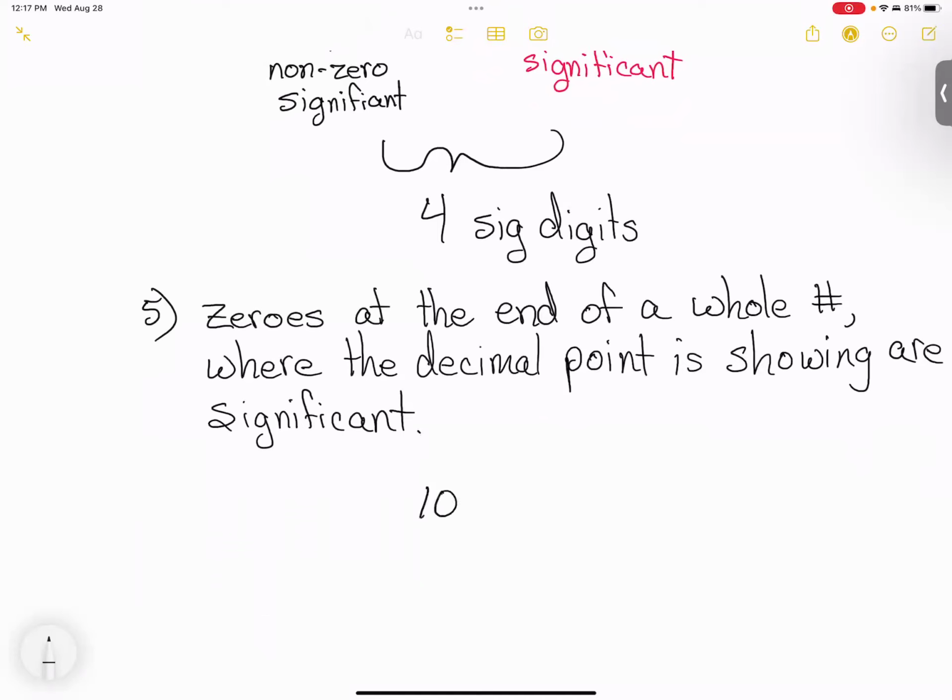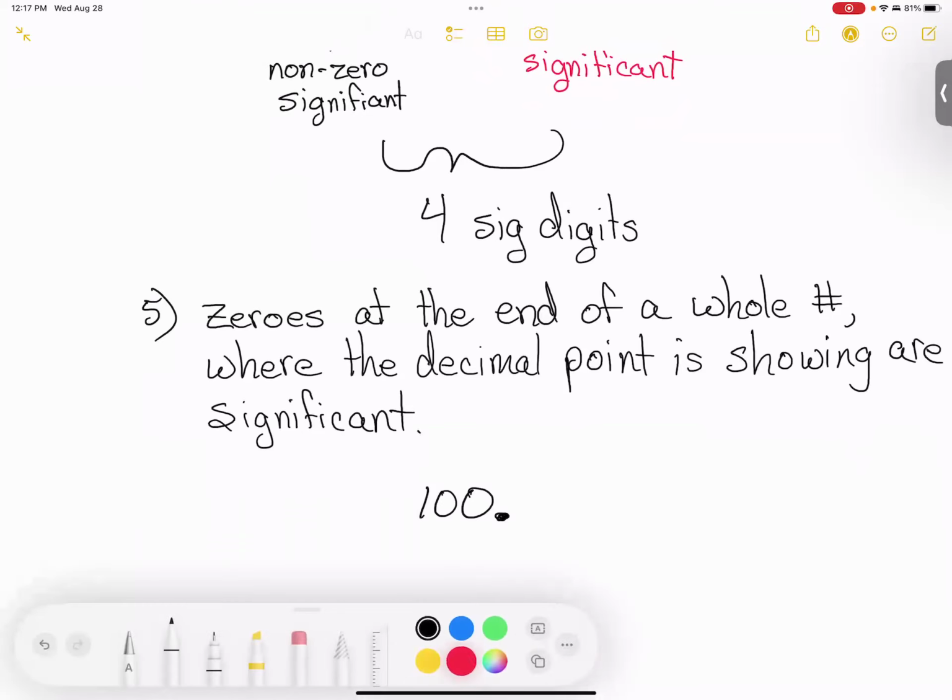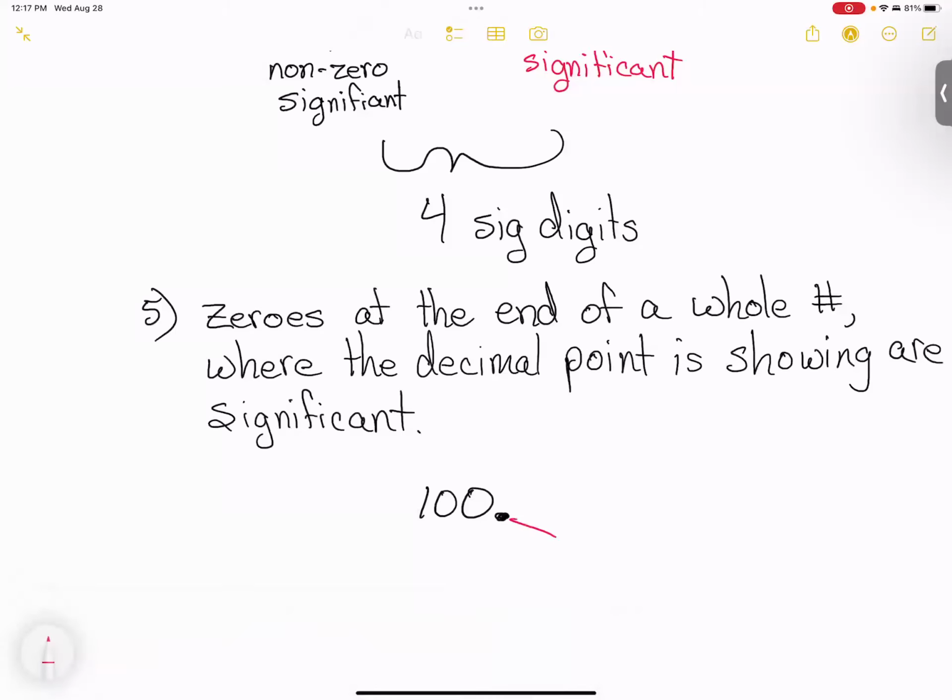So 100 point, this decimal point showing makes the 2 zeros before it significant.